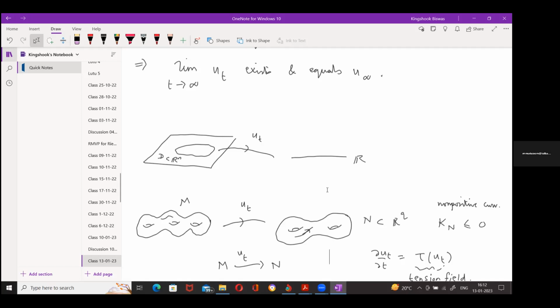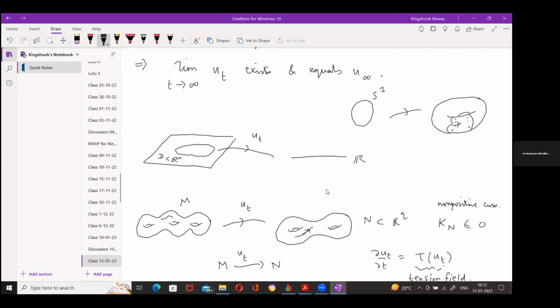You can apply this, for example, to curves. Let's say my domain is S^1 and my target is some manifold. If it's of zero curvature, like a torus, and I start with some initial curve, the harmonic map heat flow will shorten the length of this curve until it becomes a shortest length curve, or a geodesic.